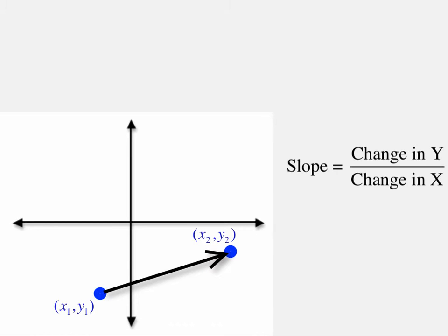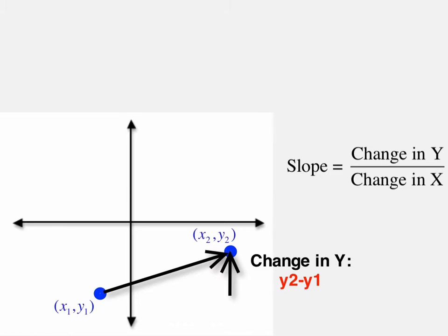If we want to find the slope, we need to find the change in the y values and the change in the x values. All right, let's start with the change in the y values. If we're going from x1, y1 to x2, y2, in this case, the change in the y values will be y2 minus y1. This is the exact same strategy we've done every single time so far. It's just this time we don't have any specific coordinates. We're working with all variables here.